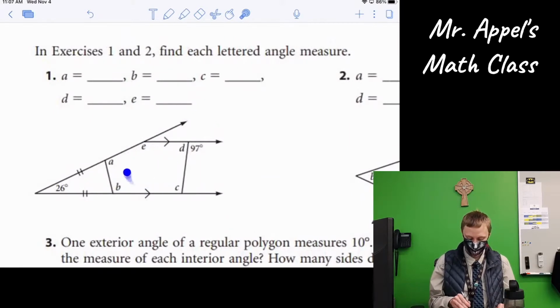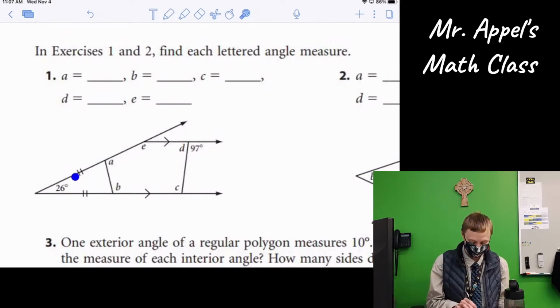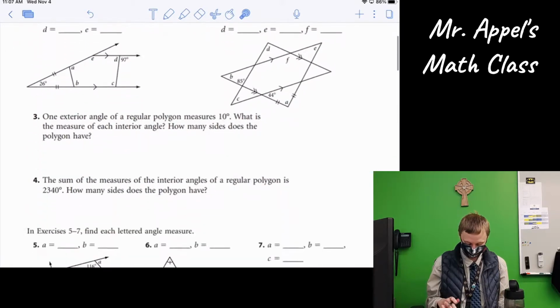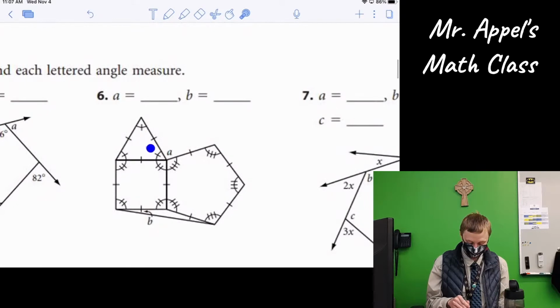Here's a pentagon, and here's a triangle attached to it. Notice it's got some markings here. This is an isosceles triangle, so it's got some symmetry going on. Don't forget about that. And same thing down here: you've got a triangle and a square and a pentagon, all regular. Those extra markings make this a really fun one.